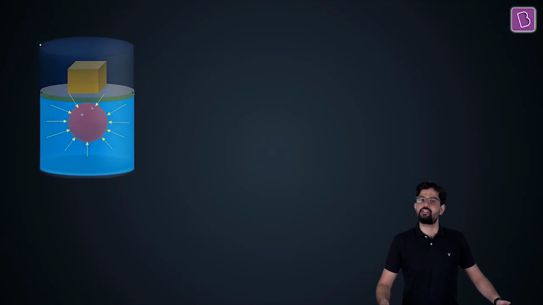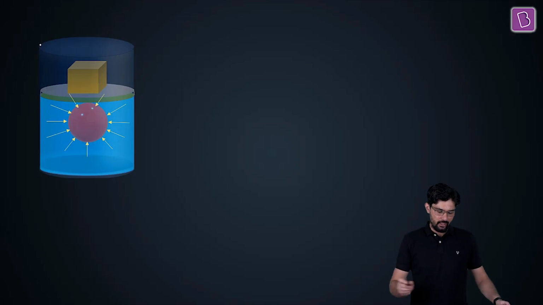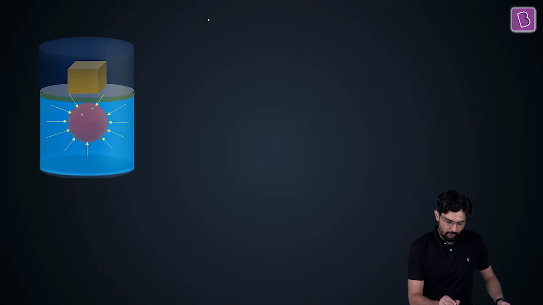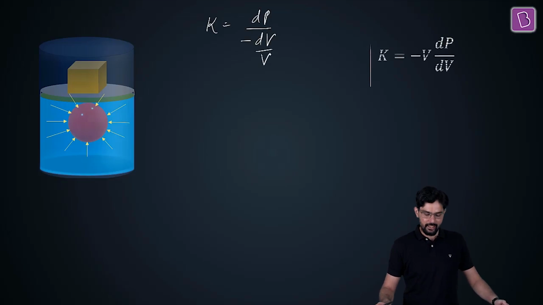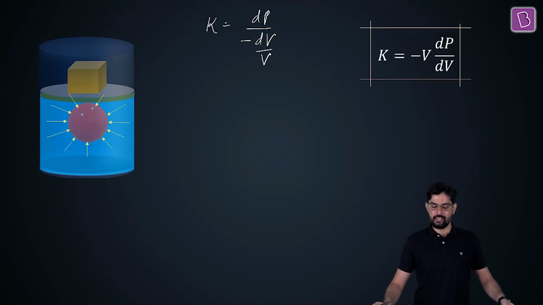So let's start solving. Well, if you remember the definition of bulk modulus, then K is defined as dP divided by minus dV by V, right? Or you can say K is minus V dP by dV.